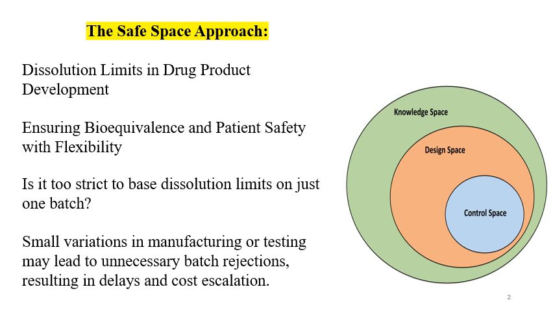So this is the main area of focus for this video, and that's why small variations in manufacturing or testing may lead to unnecessary batch rejections, resulting in delays and cost escalation.